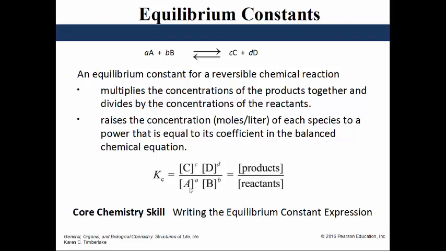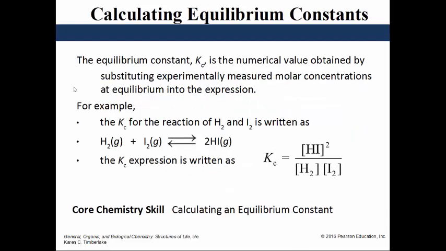All that divided by the concentration of the reactant A raised to the power of its coefficient multiplied by the concentration of reactant B. A general way to think about this is the concentration of the products divided by the concentration of the reactants. Or that's using generic letters to represent the products and reactants.